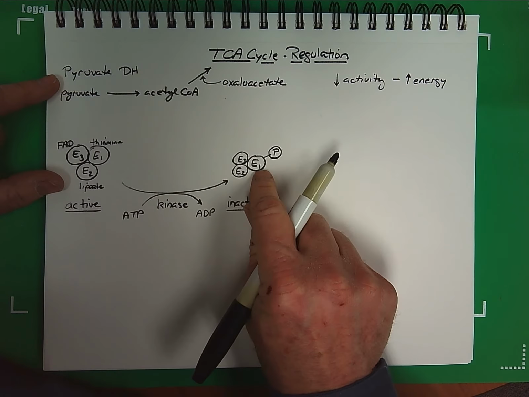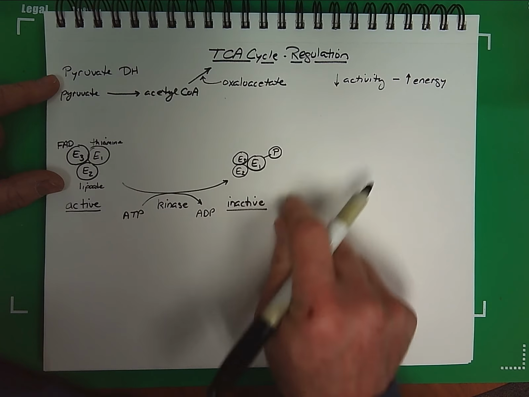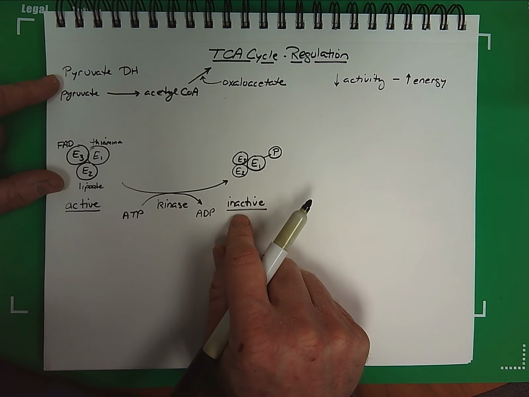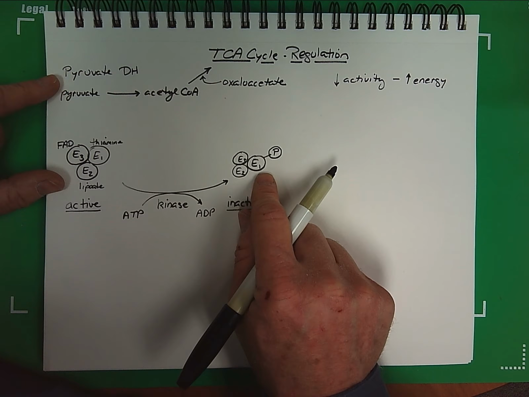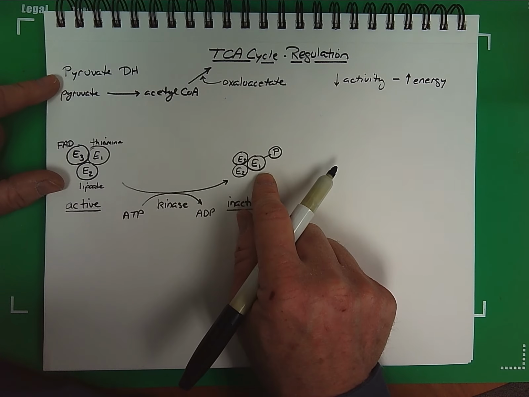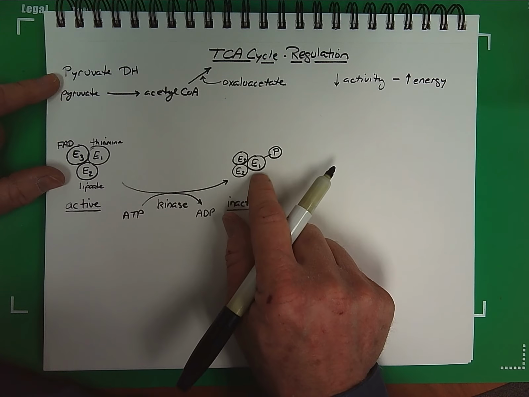When the E1 subunit is phosphorylated, it becomes inactive. The kinase is actually able to perform multiple phosphorylation reactions to ensure proper regulation of the pyruvate dehydrogenase complex.